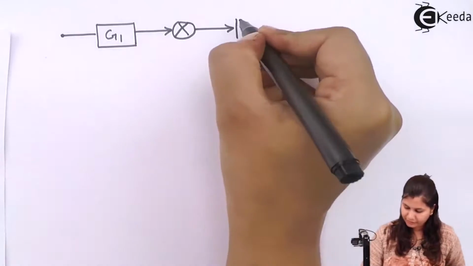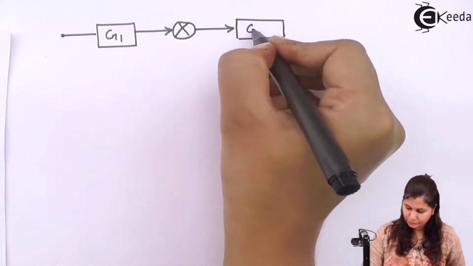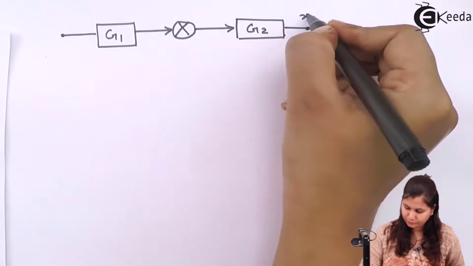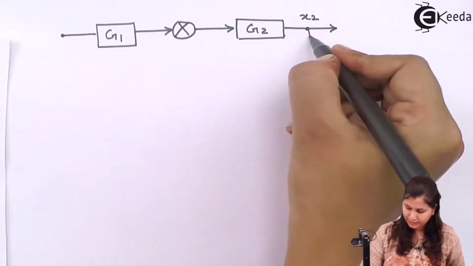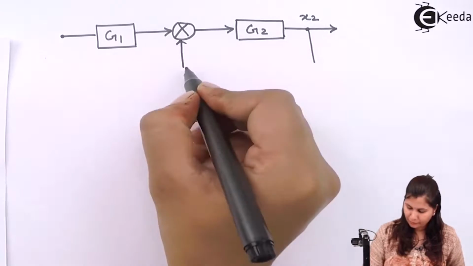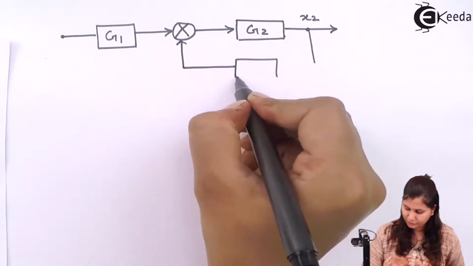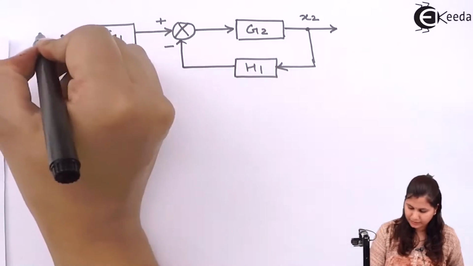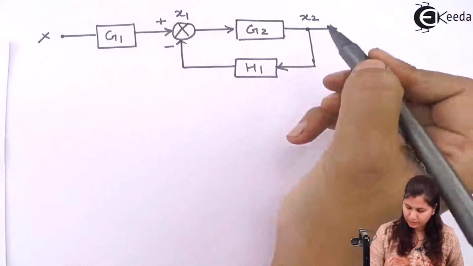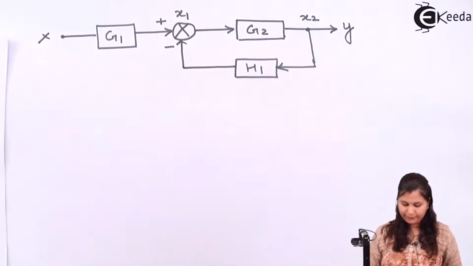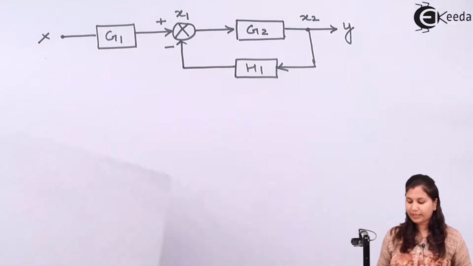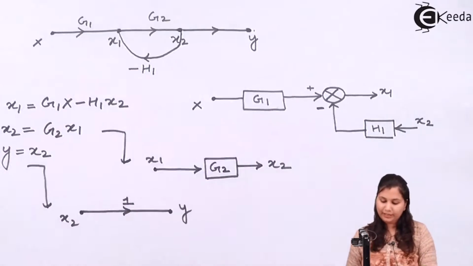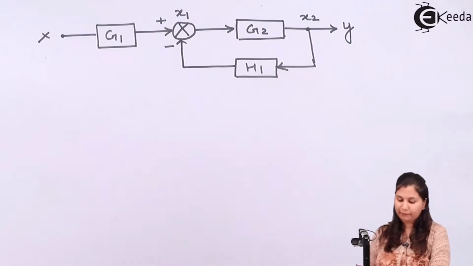So here we have g2, and the output is x2. Now this x2 is given to the summing point after being multiplied with the transfer function h1. This is minus, plus, this is x, this is x1, x2, and this is output y. So this is our complete block diagram for the system. We have just combined these 3 block diagrams which we obtained, and then we get the complete block diagram for the system.